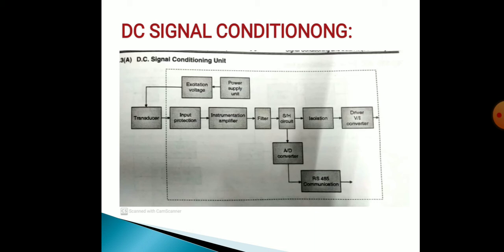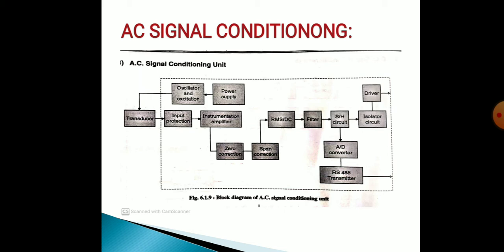Next is AC signal conditioning. The AC signal conditioning unit consists of transducer, input protection, instrumentation amplifier, oscillator and excitation, power supply, zero correction, span correction, RMS or DC, filter, sample and hold circuit, isolator circuit, A to D converter, RS485 transmitter and driver.